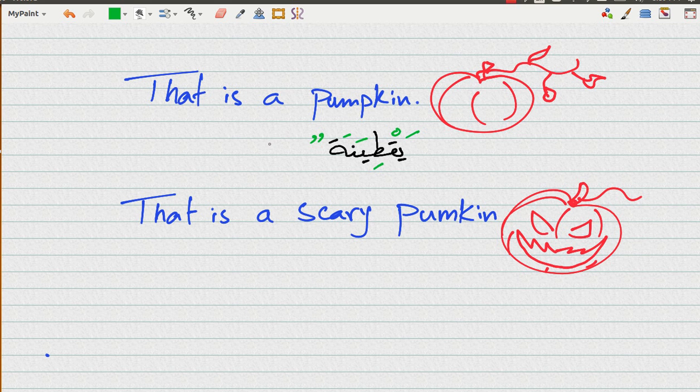A pumpkin. Now how do you say that is a pumpkin? We have two options, either to say ذلك or تلك. In this case, we're going to use تلك.